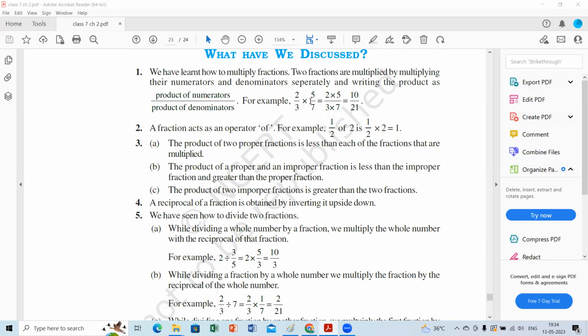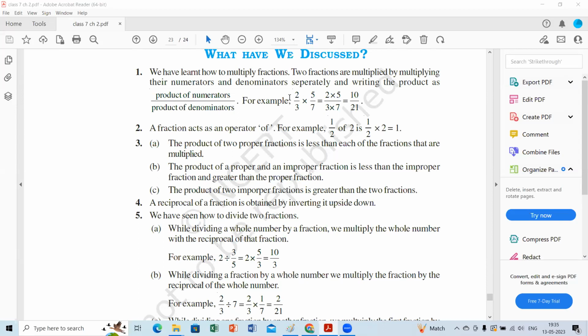The product of two proper fractions is less than each of the fractions that are multiplied. Good. The product of a proper and an improper fraction is less than the improper fraction and greater than the proper fraction. Very good. The product of two improper fractions is greater than the two fractions. Good.